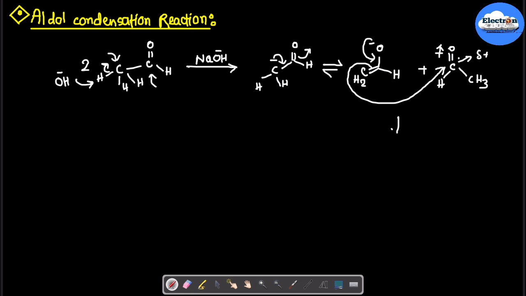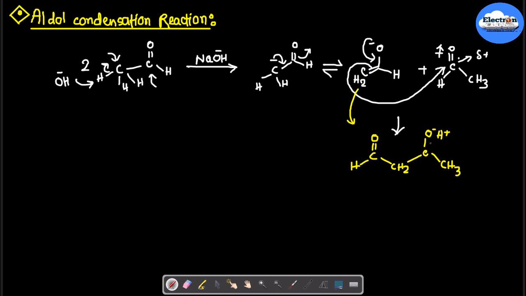Now if we combine these two, we get C=O, and if we put it in a different direction, the hydrogen will be here and the CH2 on this side. It is attached to the C=O, and it will abstract an H plus from the solvent and become OH. Now CH3 will be here in this direction.